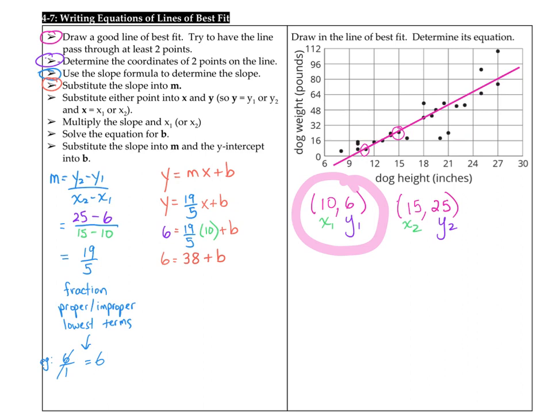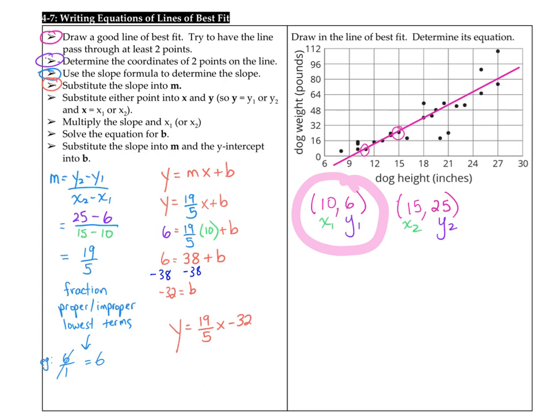Then the next thing you're going to do is to subtract that 38 from both sides. And then that's going to give you a b value of negative 32. And so your equation is y equals 19 over 5 x minus 32.